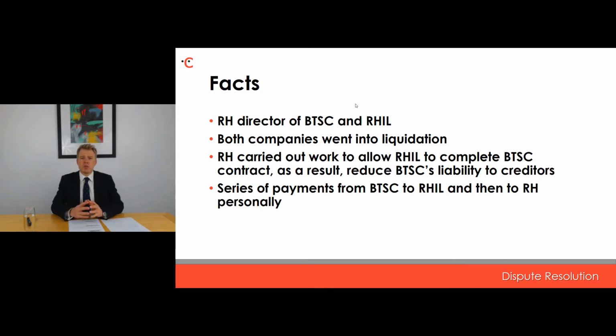And in the course of that, Mr. Hunt was responsible for organising some fairly substantial payments from one company to the other, from BTSC to RHIL, and then some further payments from RHIL to Mr. Hunt personally. Now, you won't be surprised to learn that some claims followed from this.